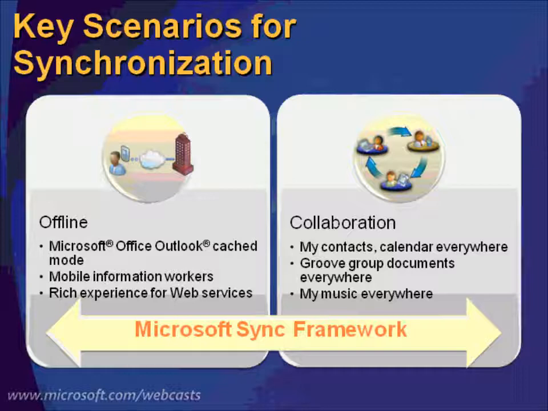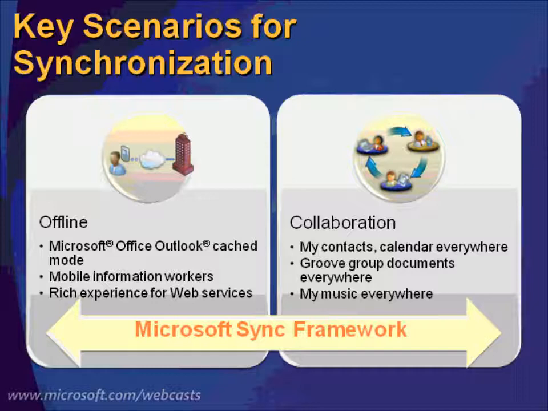On the other hand, we have collaboration. And collaboration is not just about server-client interaction that is disconnected. It's about content flow. We're not necessarily interested in taking data from one endpoint offline. We're trying to make the content, the data, available anywhere.